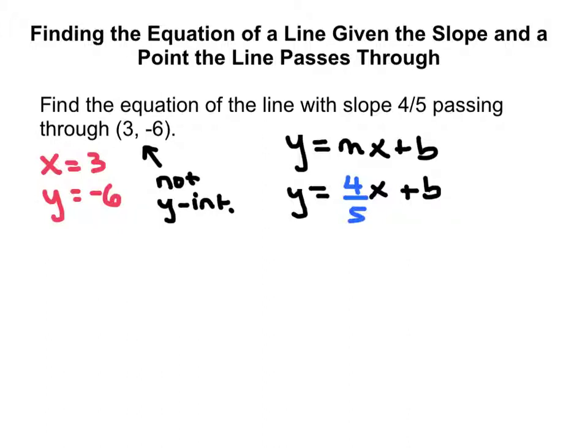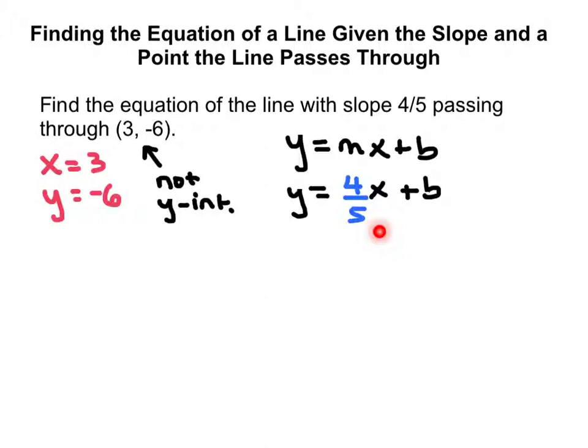And we keep in mind what information is given to us when a line passes through a certain point. Remember, when a line passes through a certain point, it's actually giving you the solutions to the equation. x equals 3 and y equals -6 will satisfy the linear equation.